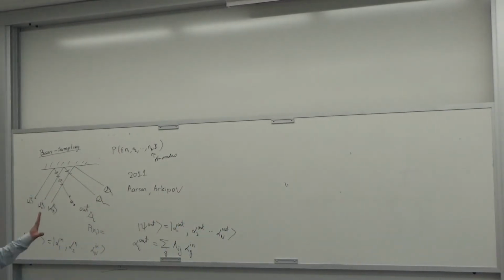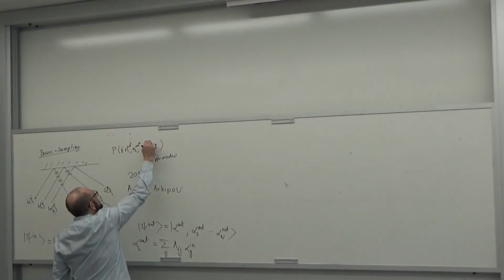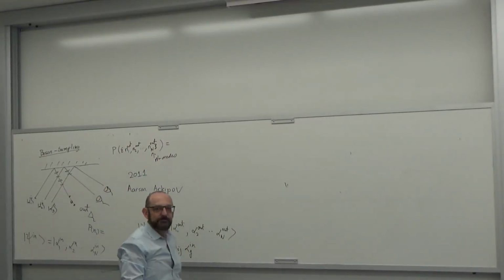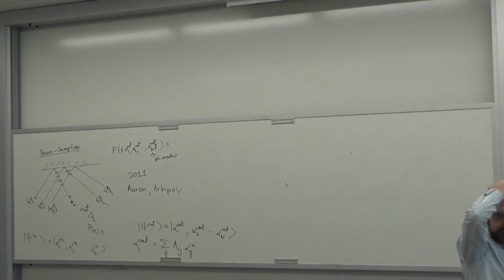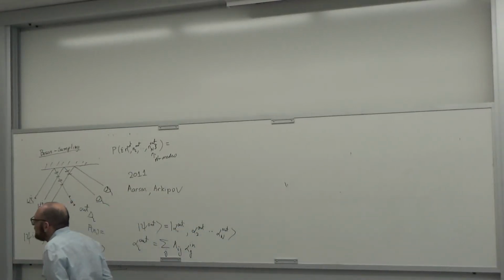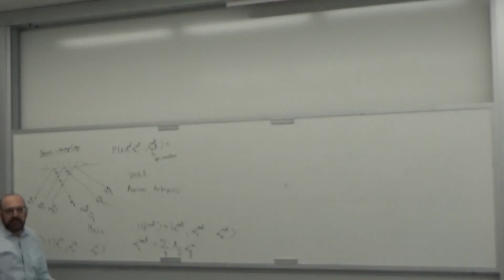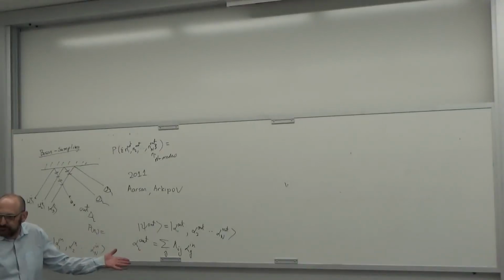So now, given that, I ask you the following question. What is this? For each coherent state, what is the probability of seeing n photons? It's a Poisson distribution, right?